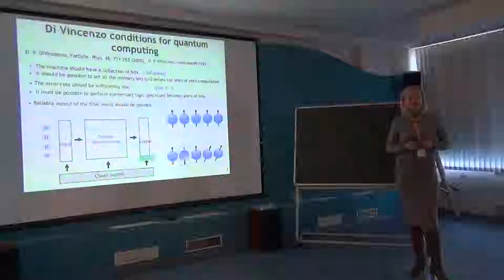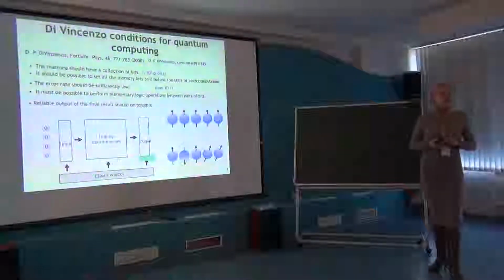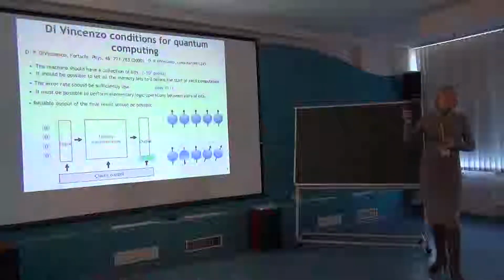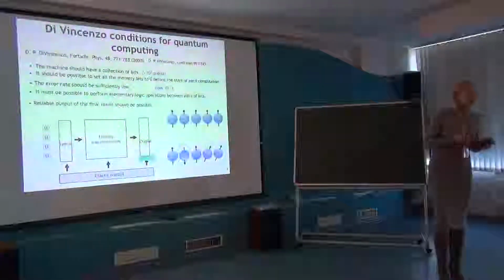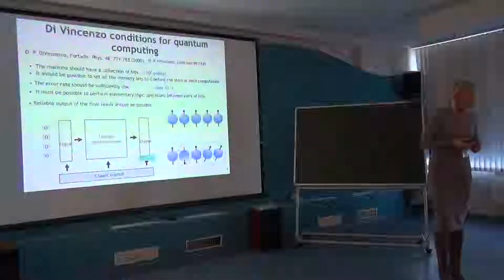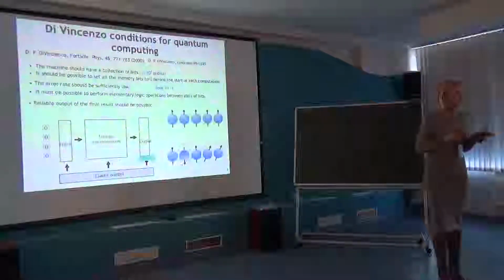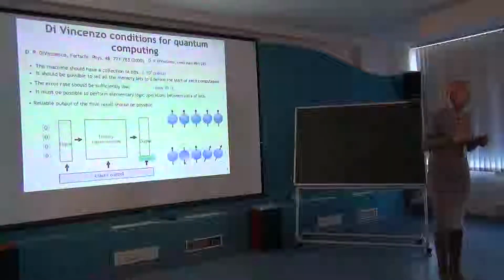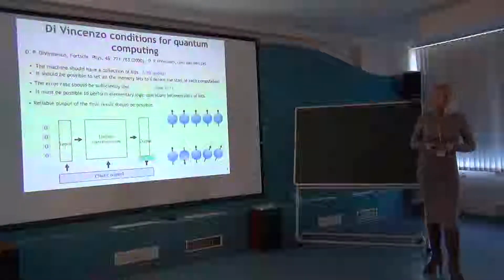But some conditions, some rules, were discovered more or less 20 years ago, the DiVincenzo conditions. They're well-known conditions for a realistic quantum computer. At first, this machine can be named a quantum computer if you have no less than 1,000 qubits, spin bits, qubits.